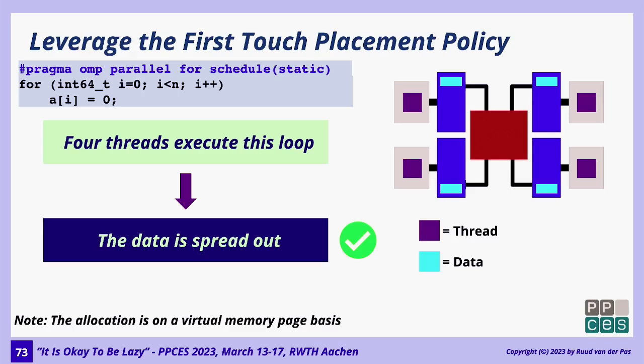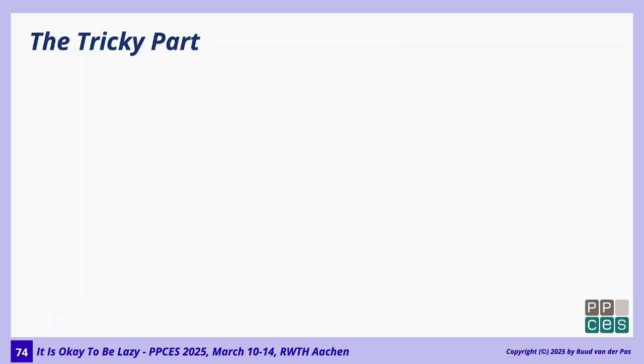And that is at least a distribution of data compared to the other one. Of course, you need to have the data in the right place, and I'll get to that. But that's the basic idea: when you initialize data, you make sure that the placement is done more or less correctly. And I say more or less because it's not always easy to have full control, but you can make it better.